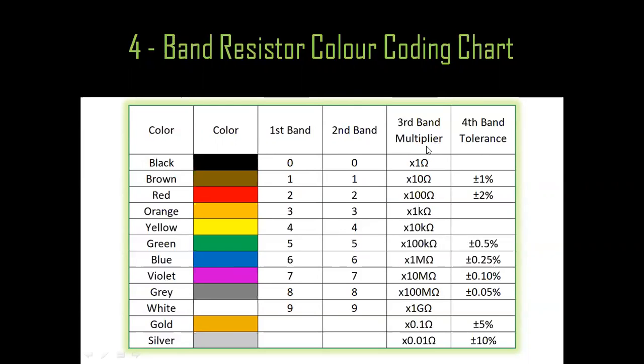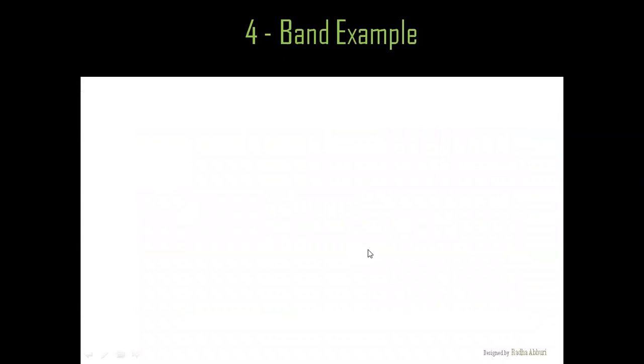And the next 2 columns represent the multiplier and the tolerance values for different colors mentioned here. Now, as the color changes in the color bands of the resistor, the value of these parameters also change. Now, let's take an example and see clearly how to calculate the value of the resistor.